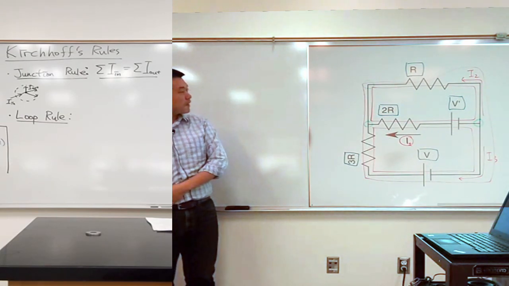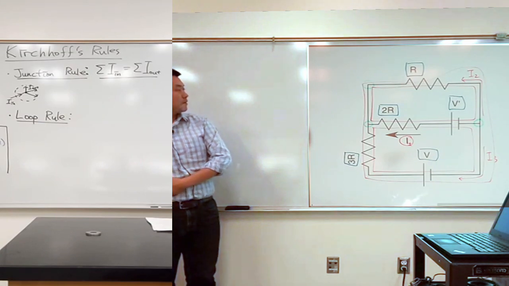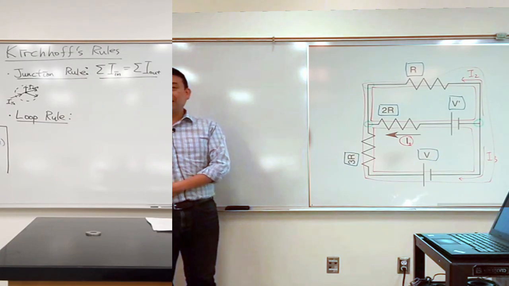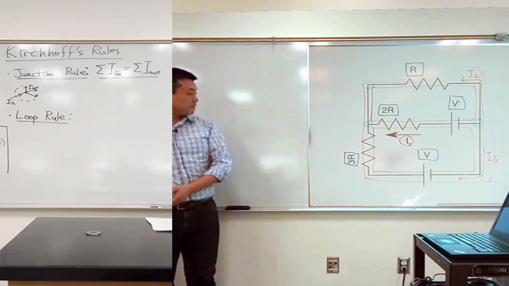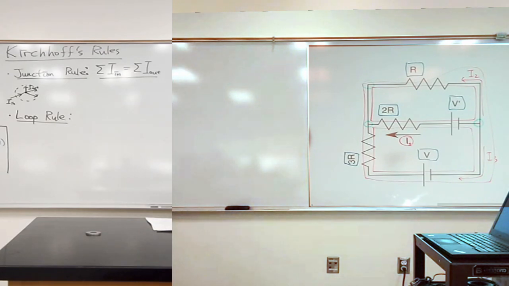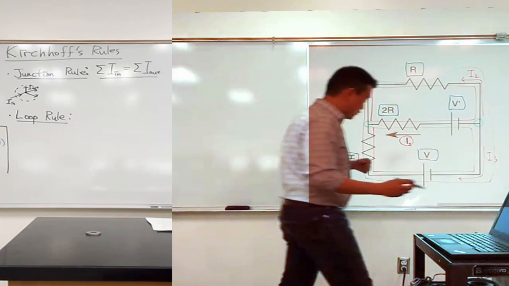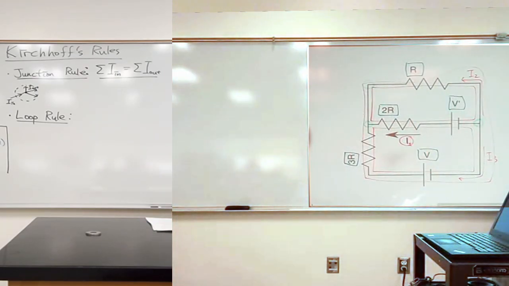To tell you the truth, I think there should be an unlimited number of loops. Not that it's useful, but let me draw one other loop, if you're trying to be difficult.